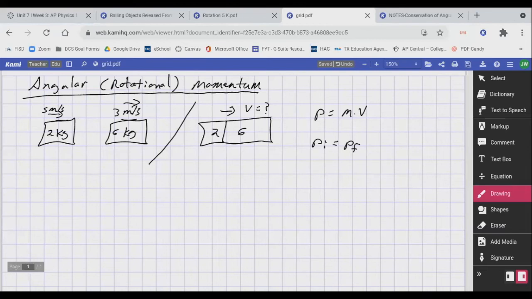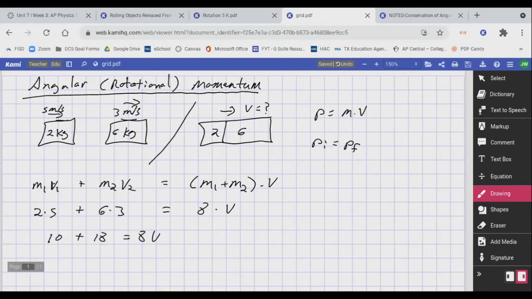When we had to calculate it before, we would say M1 V1 plus M2 V2 is equal to the quantity M1 plus M2 times V, and we're solving for V. We would have 2 times 5 plus 6 times 3 is equal to 8 times V. So 10 plus 18 is equal to 8V. 28 is equal to 8V. Then 28 divided by 8 equals the velocity.